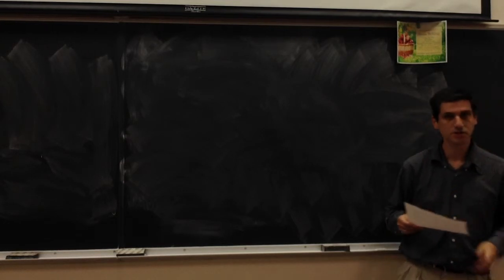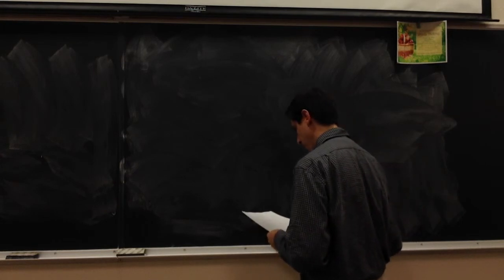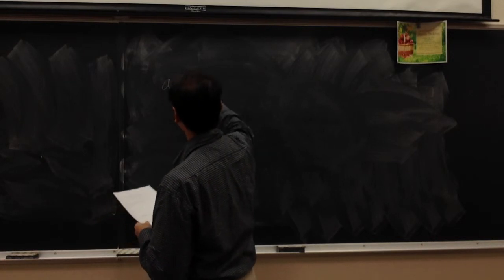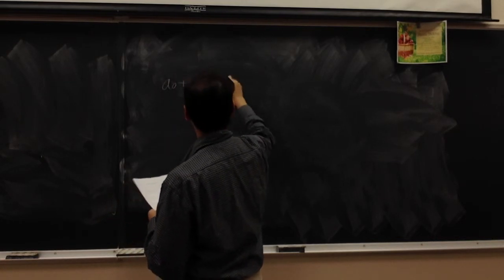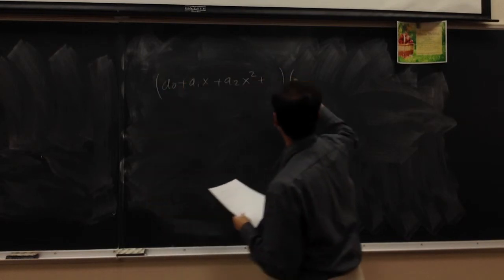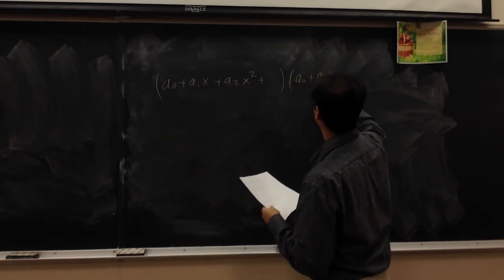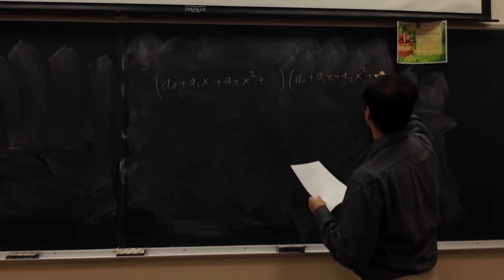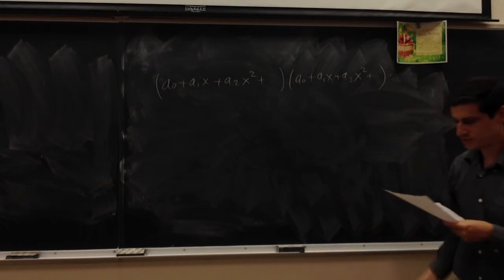So that seems interesting. I've got a0 plus a1x plus a2x squared plus dot dot dot, times a0 plus a1x plus a2x squared plus dot dot dot. Maybe it's not going to be entirely the inverse.